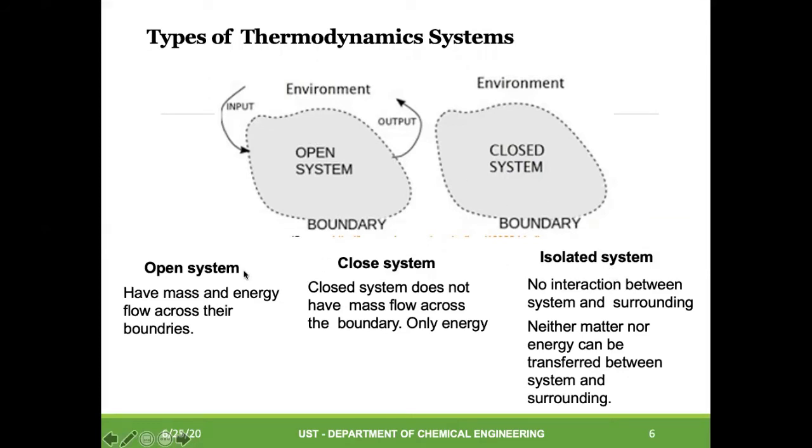Take note that for an open system, there is an exchange of both mass and energy flowing across the boundary. A closed system does not have mass flow across the boundary; it involves only changes in energy. For an isolated system, there is no interaction between system and surroundings, so neither matter nor energy can be transferred between the system and surroundings.